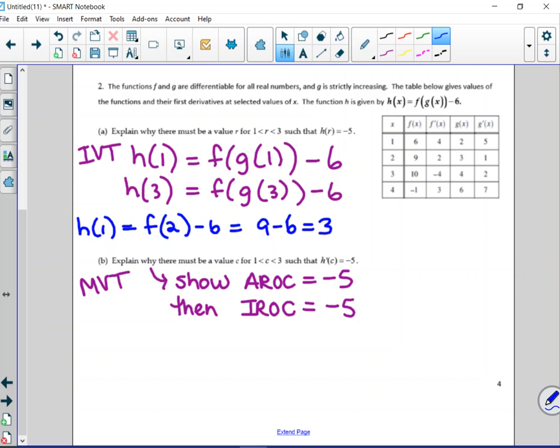So the first thing we've got to make sure we can do is understand, given differentiable, therefore continuous.